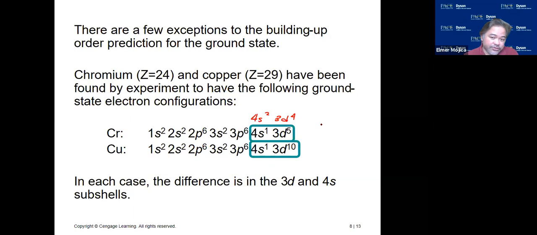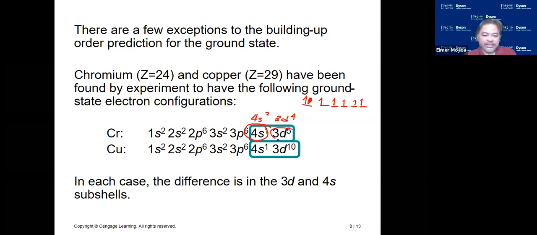So if we're going to look at it in terms of the arrows, instead of having it like this, what happened is that one of the electrons that should be filled up first is half distributed among the d orbitals. So that is what's happening here. You have a 4s1 instead of a 4s2, and a 3d5.